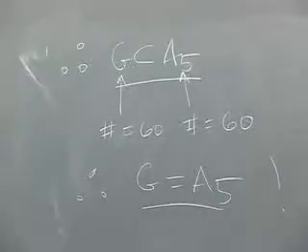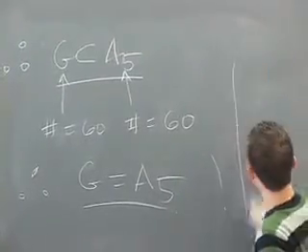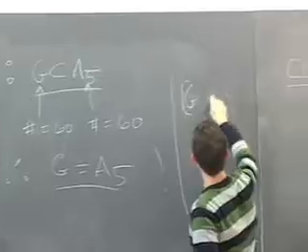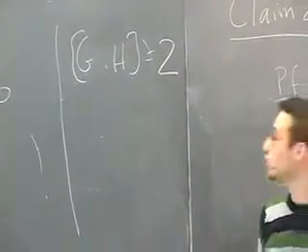Yeah? Just go over again why the index being 2 implies it's normal? Oh, well, so look. Suppose I have something of index 2. H in G is of index 2. I want to show that H is normal.